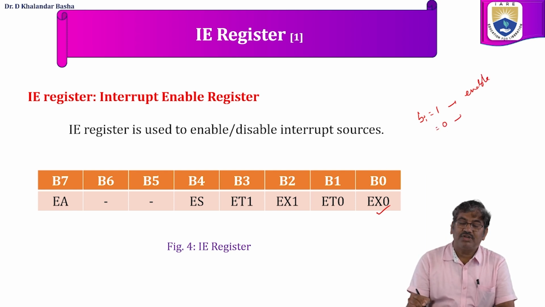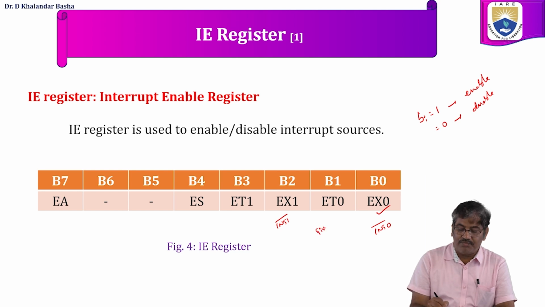When that bit is equivalent to 0, the interrupt on that source will be disabled. Bit 0 is EX0, where we enable the interrupts received on INT0. For INT1, we have EX1.